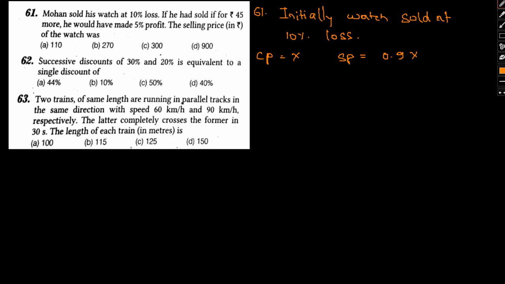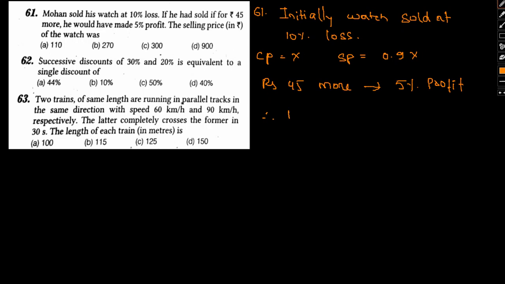Now what actually happened is that had the watch been sold for rupees 45 more, then the profit would have been 5%. So we can conclude one thing: 10% loss and 5% profit, that's a difference of 15. The entire scale comes out to be 15.